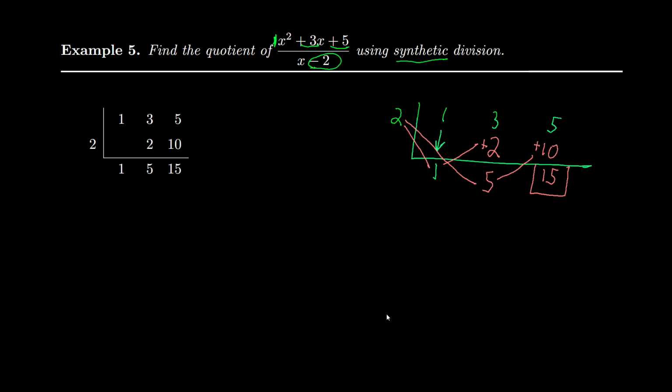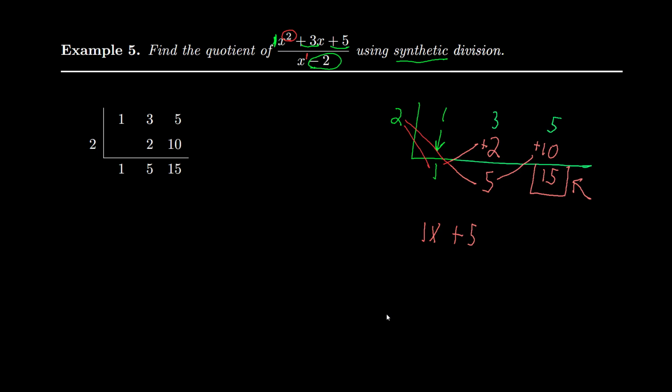What does that tell us? That tells us that we have a remainder of 15, the number 15, and that our quotient is a linear term, because this was a second degree polynomial divided by a first degree polynomial, so this will be a linear thing. So this is 1x to the first plus 5x to the 0, right?